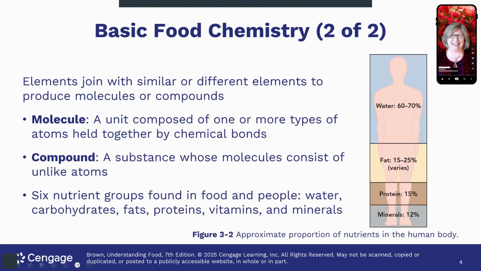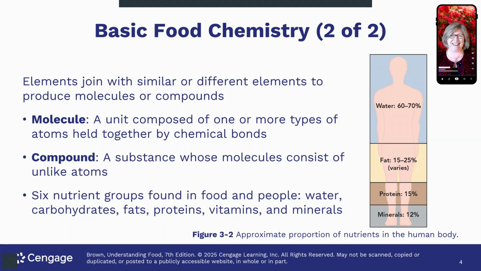If you'll notice in figure 3-2, the body is composed of approximately 60 to 70% water, 15 to 25% fat, which varies by gender and also just overall body weight, body composition, fitness level, 15% protein, and 12% minerals.